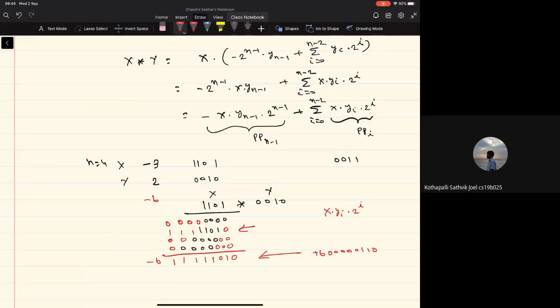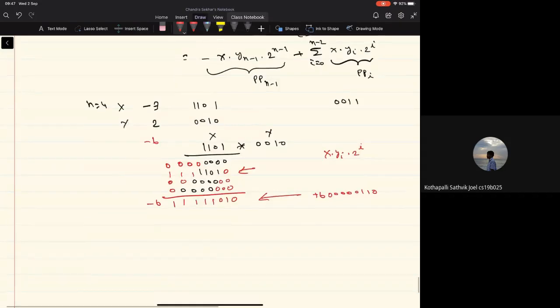So we fill 1s here in the higher order bits for the case where these partial products are negative. If the partial product happens to be 0, then it's 0 only. And whenever the multiplying operand is positive, then the partial products are going to be positive. In that case, the sign extension is going to be 0.